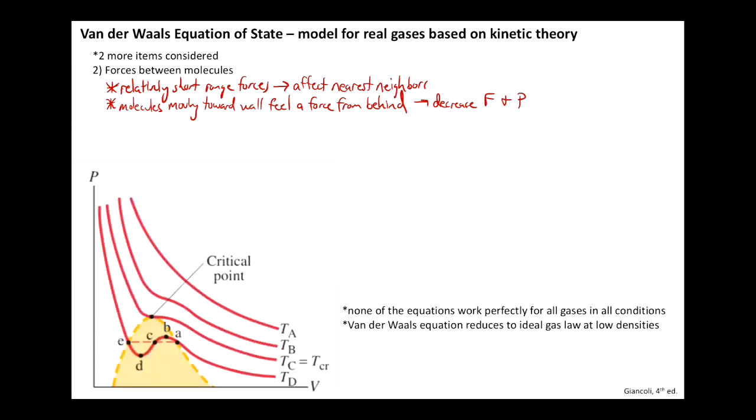So let's see. We can say that the amount of reduced pressure should be proportional to a couple of different things. It should be proportional to the density of molecules next to the wall, because it's about how many are about to hit the wall, first of all, and the density of the layer behind them.